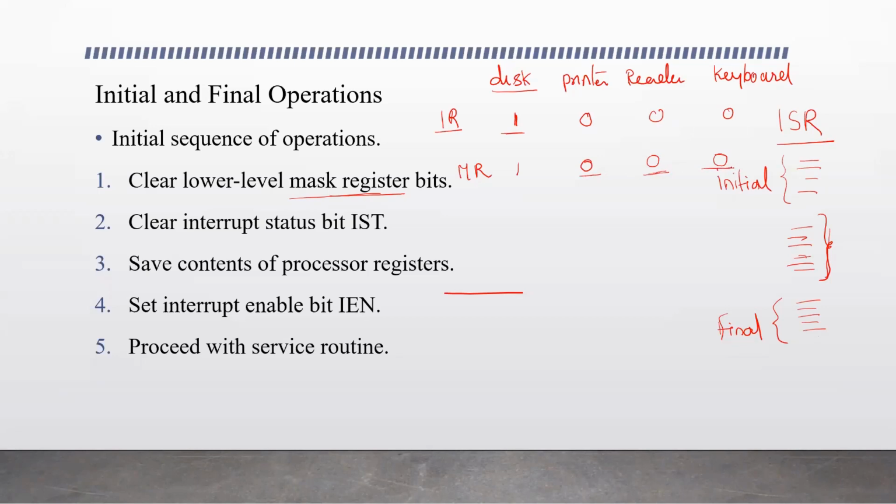Suppose this is 0, and the printer has sent an interrupt request. So the CPU is busy servicing this printer. At this time, these two devices, reader and keyboard, should not be allowed to interrupt the CPU. But this one, being a higher priority device than the printer, can be allowed.